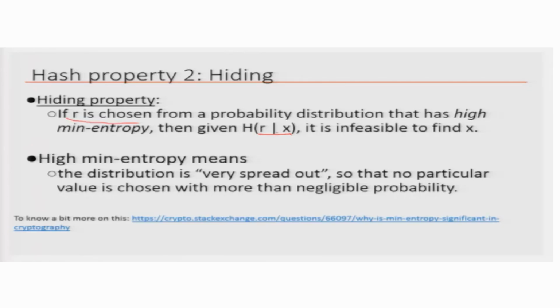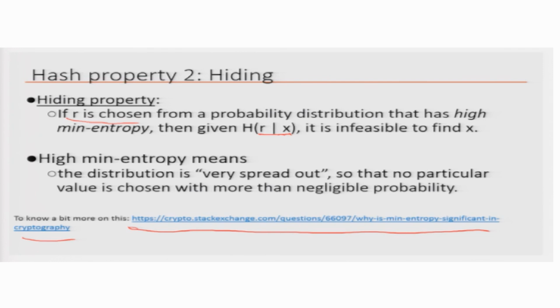Then if you pick this R, mix it with x and compute the hash, finding x would be very difficult, and that is what we actually use in what we call hash puzzles. If you want to know more about this formal property of min-entropy and why it plays a significant part in cryptography, you can read various other sources.